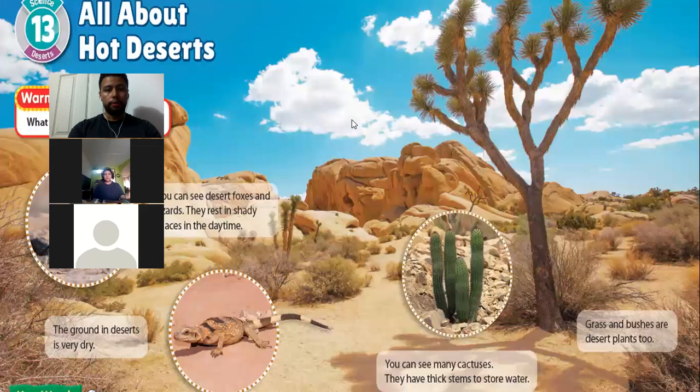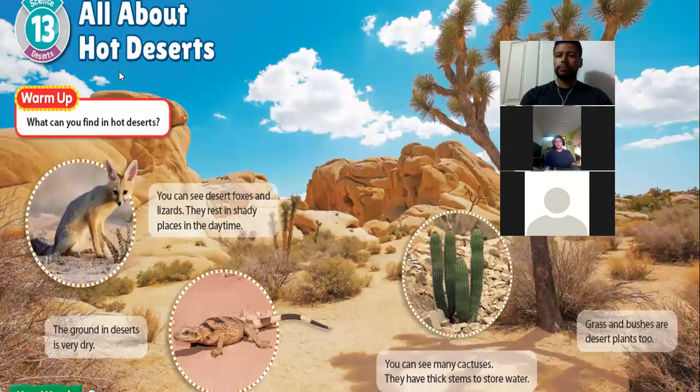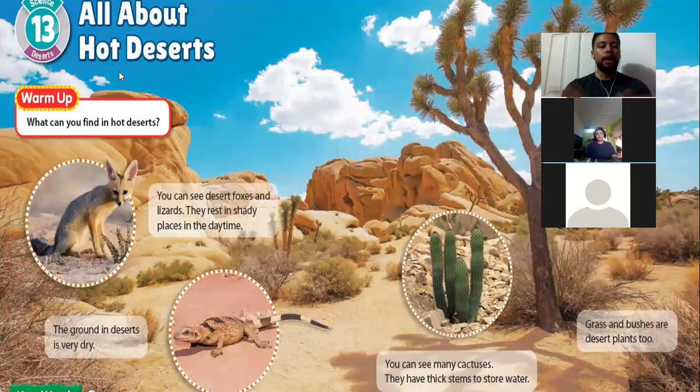So let's continue. Here I have a question for you. Please help me identify the words from the vocabulary, the specific words in this case. So the question says, what can you find in hot deserts?